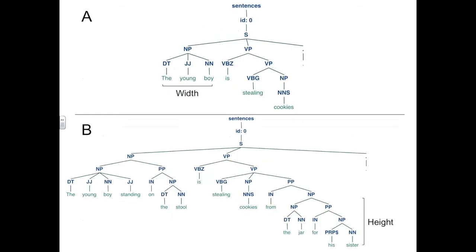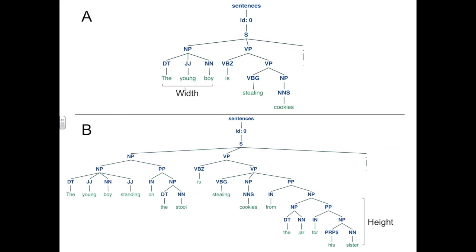And so this is what the trees look like. You'll see that this is a very simple sentence. The young boy is stealing cookies. And you'll see that the parser determines that this is a sentence that has a noun phrase and a verb phrase. And that noun phrase has a main noun, the boy, with its determiners and an adjective that precedes it.